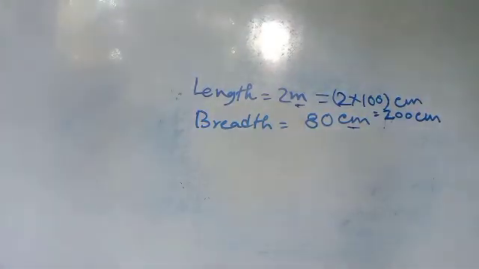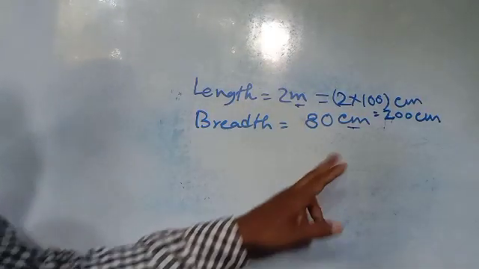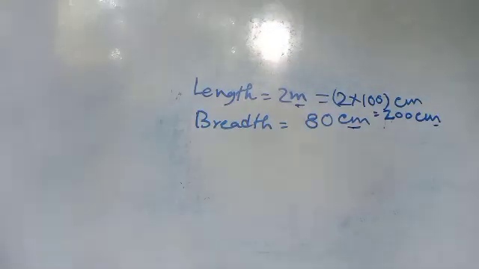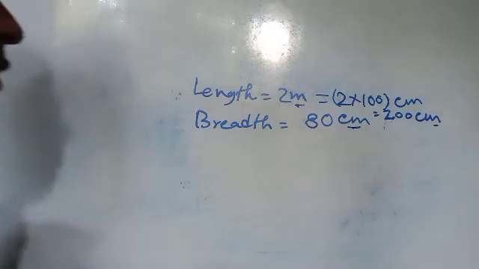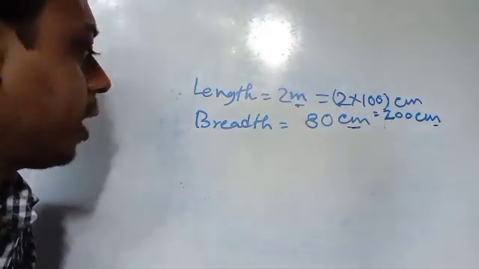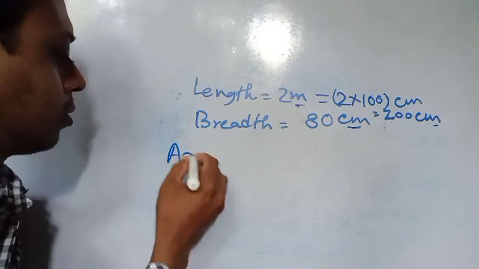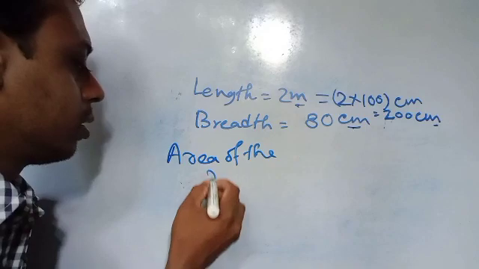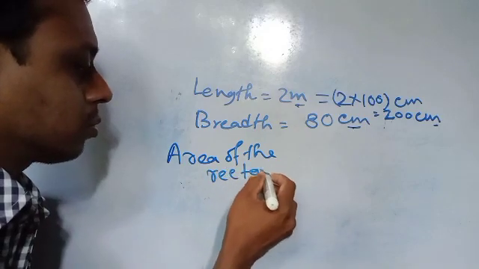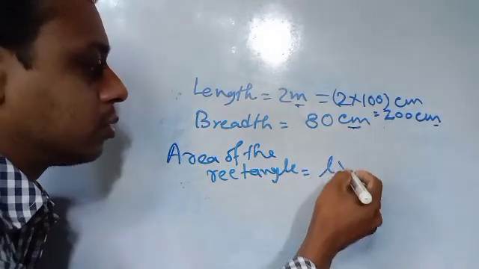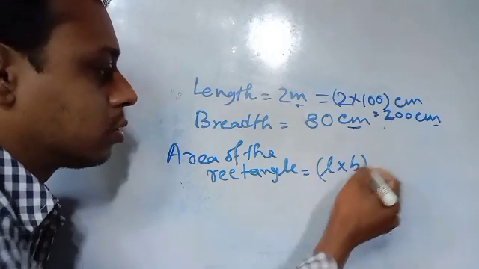Now length and breadth both are in terms of centimeter. Here also centimeter, here also centimeter. So when both are the same unit, then only we can find the area. Now area of the rectangle equals length into breadth square unit.